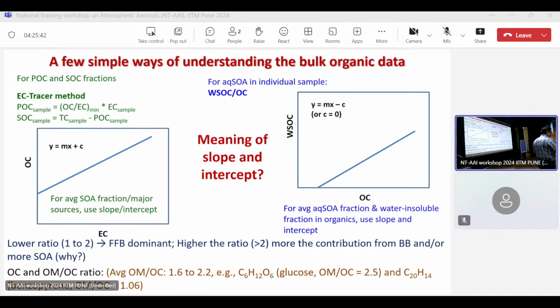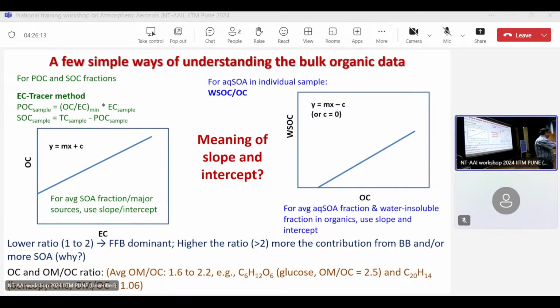But we don't know whether it is glucose or pentopyrene. In this case, if you calculate the ratio it is 2.5. In this case, if you calculate the ratio it is 1.06. 1.06 is more or less similar, right? One only. But 2.5. But we are not getting glucose or pentopyrene. We are getting OC. Usually, people take a ratio from 1.6 to 2.2.